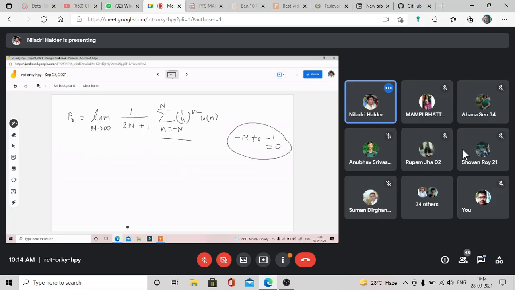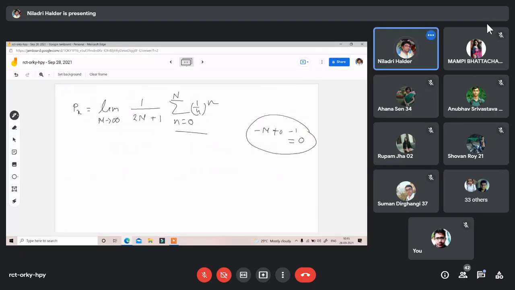So this summation you can write from 0 to capital N, as other values will be 0. So you don't need to write the un now. So that will be your equation for the power.